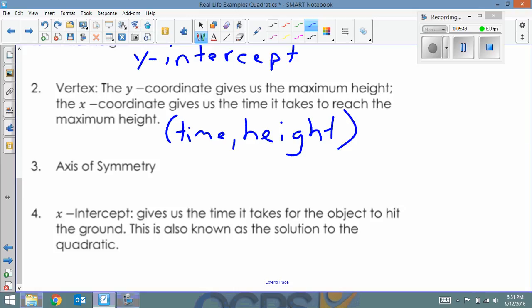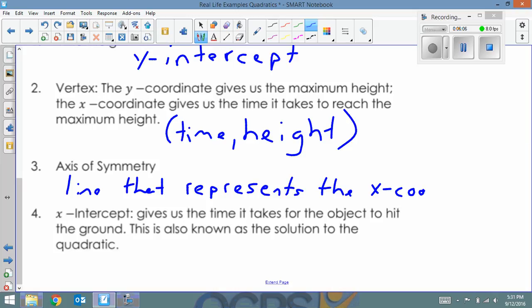The axis of symmetry is the line that represents the x-coordinate of the vertex. So the equation is always x equals your x-coordinate number. So that's going to be your equation there.